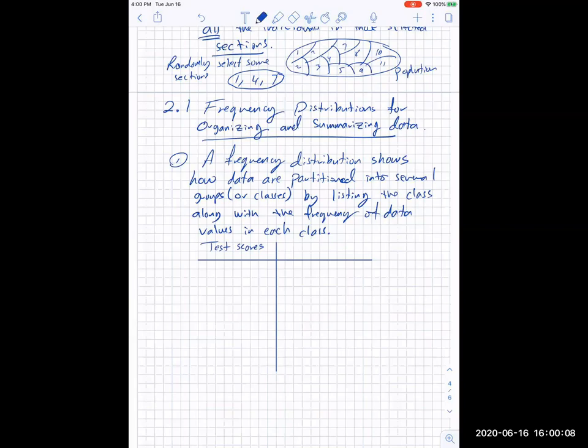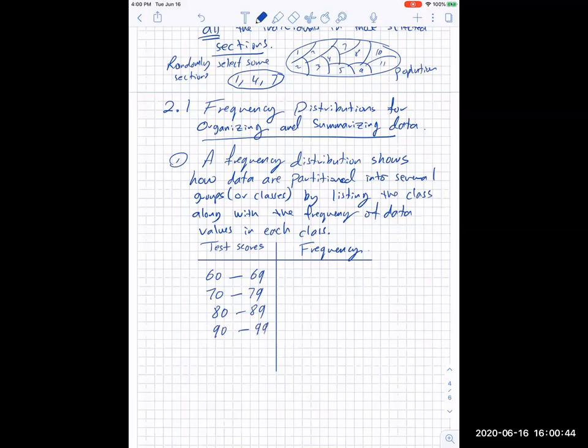I selected a few test scores. I got the test scores and I summarized them in this table here. Test scores and frequency. And let's say 60 to 69, 70 to 79, 80 to 89, 90 to 99.